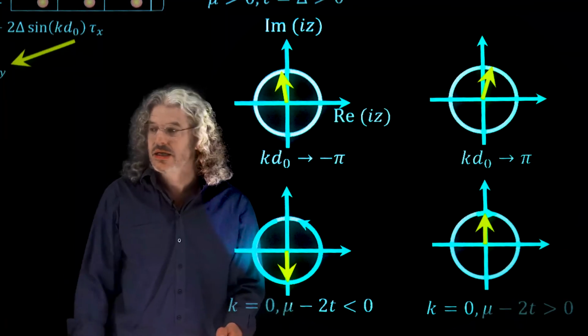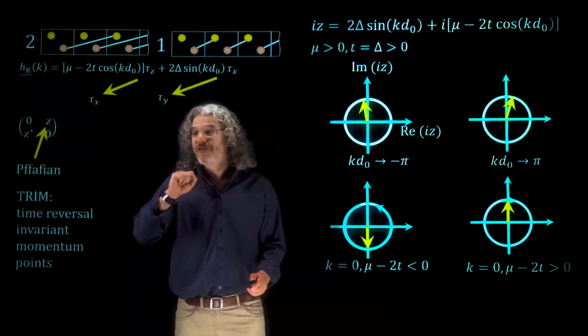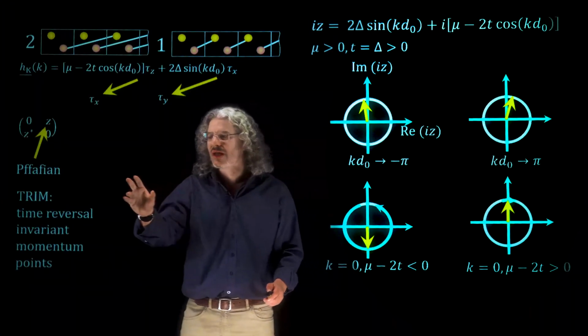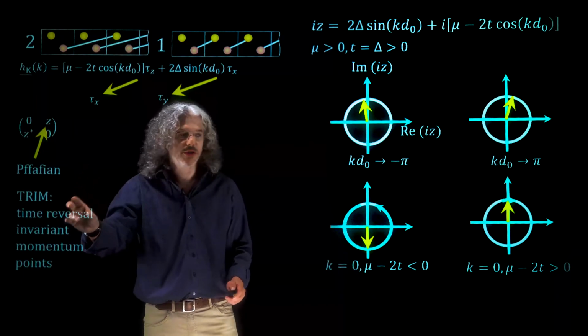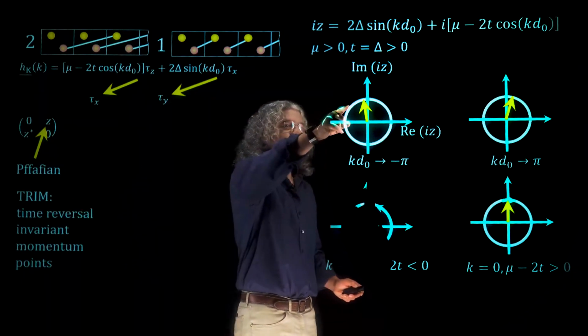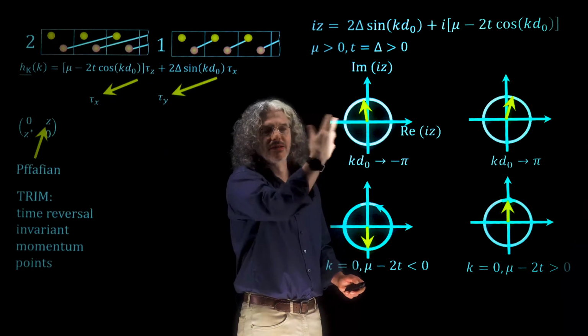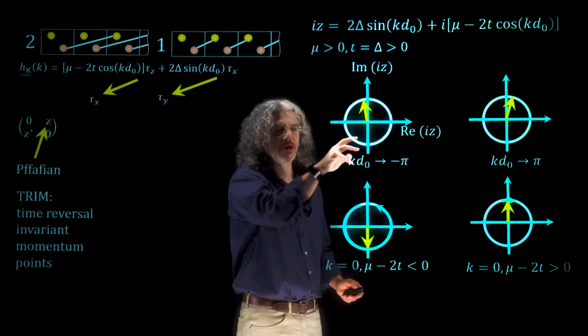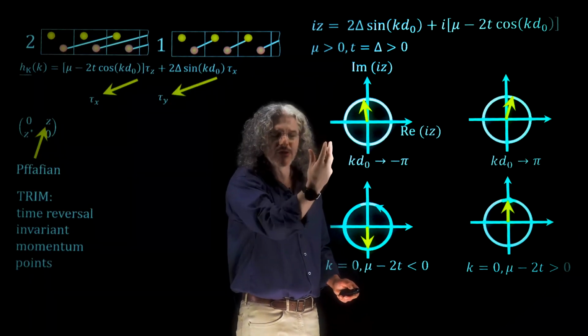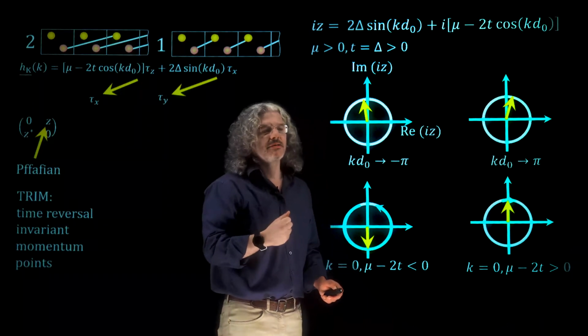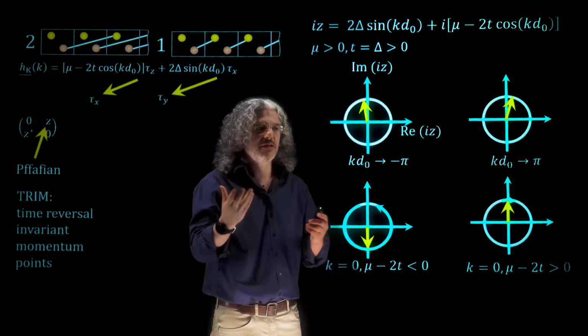So we can say that we calculate the Pfaffian at the TRIM points, at the time reversal invariant momentum points, namely at kd equal to pi, then the time reversal momentum will be at minus pi, but because of the 2 pi periodicity, this is the same point.